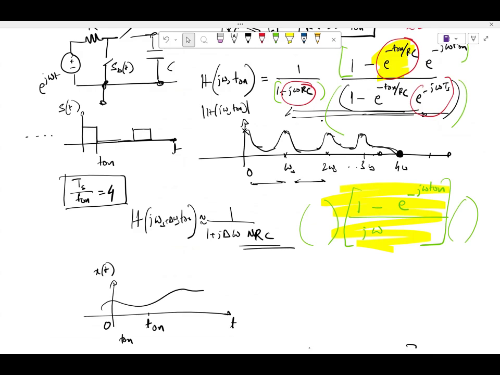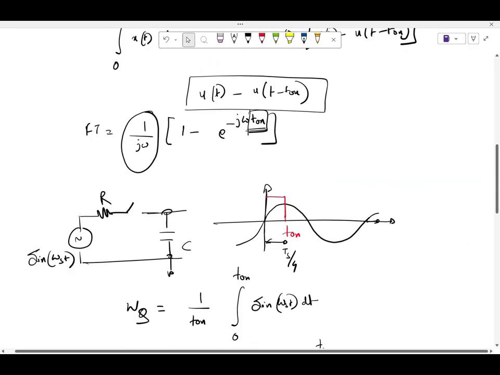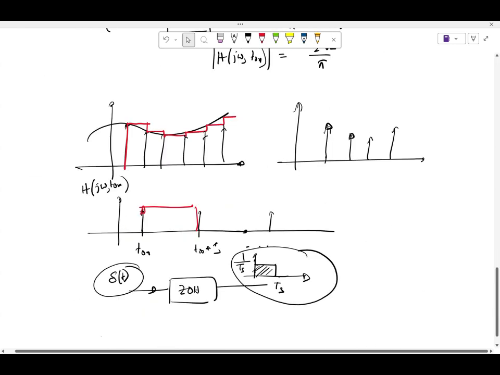But we are making the leap that the voltage value at T on will remain the same. So I can impose this condition of zero order hold with respect to the sampled value at T on. Correct? So all we have to do is multiply the transfer function of zero order hold with whatever we get here and then see. Okay, fine. So let's do that. This transfer function is easy to get.